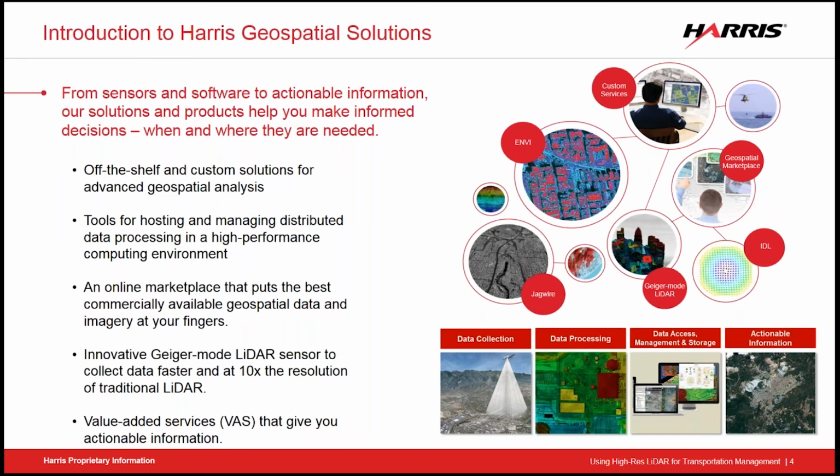The newest and latest is being able to access some of the analytical capabilities we have through ArcGIS if you are an ArcGIS user. We also have a variety of different data that we provide through our marketplace. That's the Geospatial marketplace. If you're interested in visiting that, it's on harrisgeospatial.com as well.